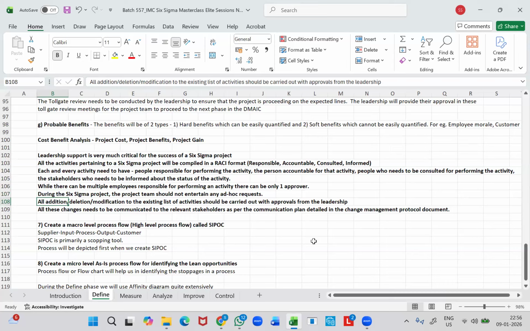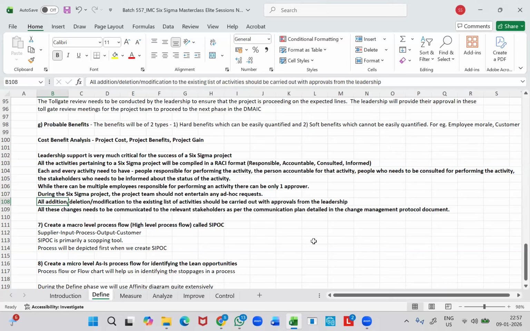And the most important thing is all these changes to the Six Sigma project document or the list of activities needs to be communicated to the relevant stakeholders using the communication plan as detailed in the change management protocol document. So in each and every organization, there will be a document called change management document. I'm not sure how many of you have heard about this. So each and every organization will have this document called change management document.